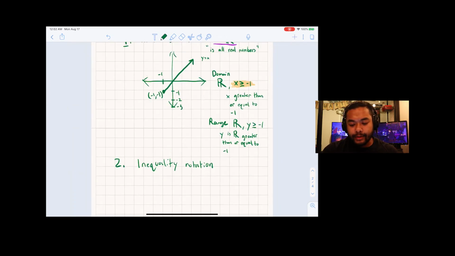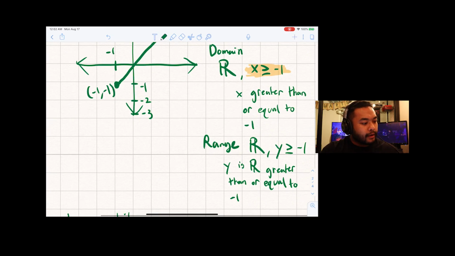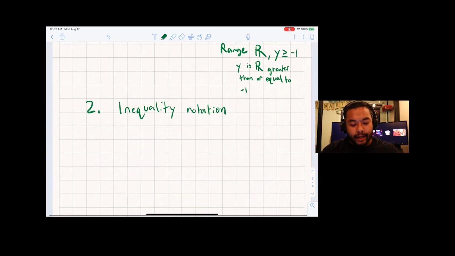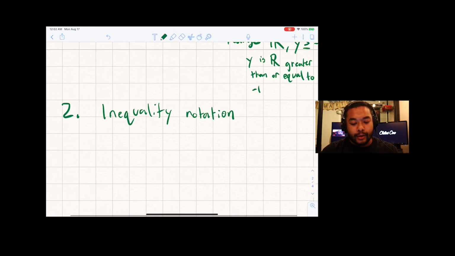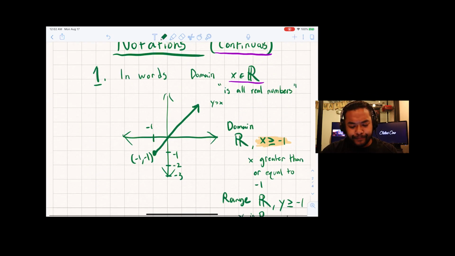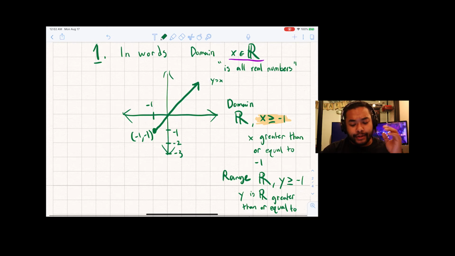So we've already used some of the inequality part, because we had to use an inequality to say all real numbers greater than or equal to -1. But there is a more succinct way of using inequalities only, and not even saying all real numbers. So taking this same function, remember, the function starts at -1, -1, if we're reading left to right, down to up.